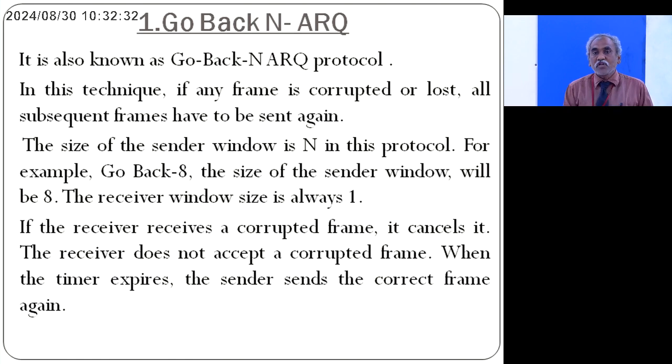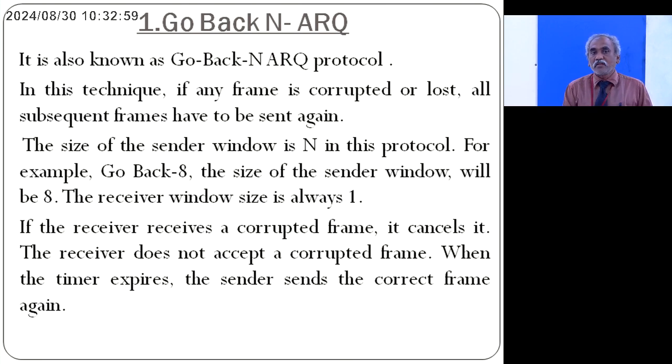Suppose I am sending 5 frames from the sender to the receiver. The acknowledgement of the second frame sent by the receiver may be lost, damaged or corrupted. The sender's responsibility is to resend all the subsequent frames 2, 3, 4, 5, right?